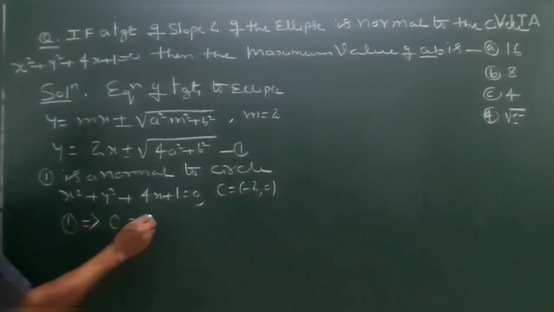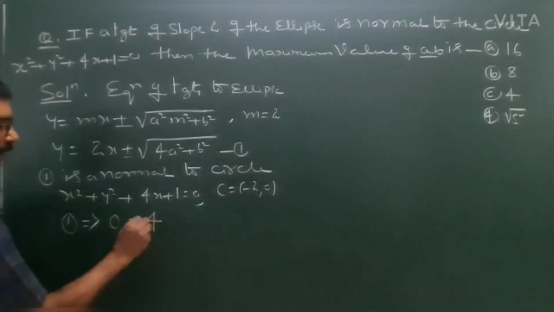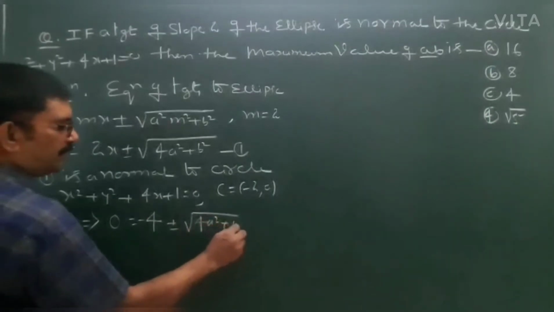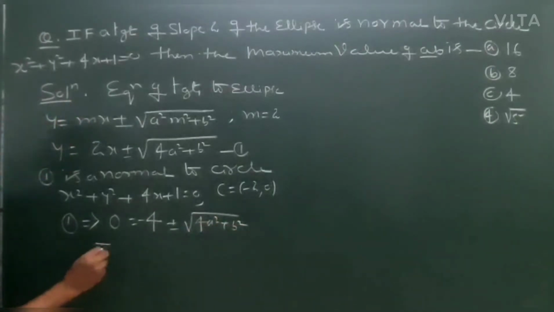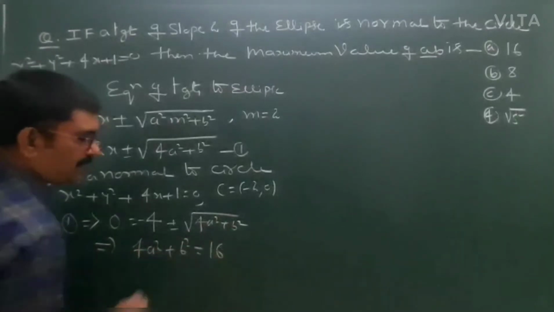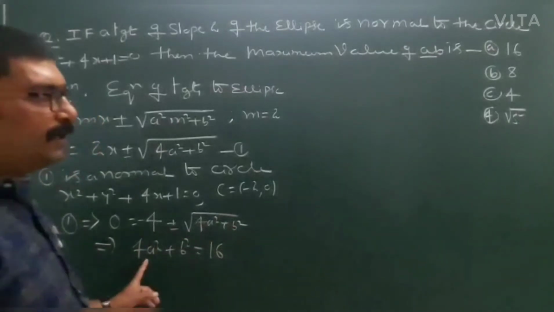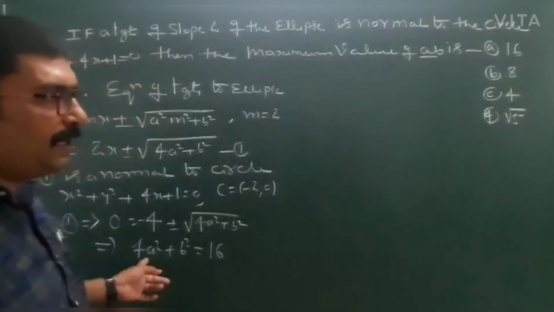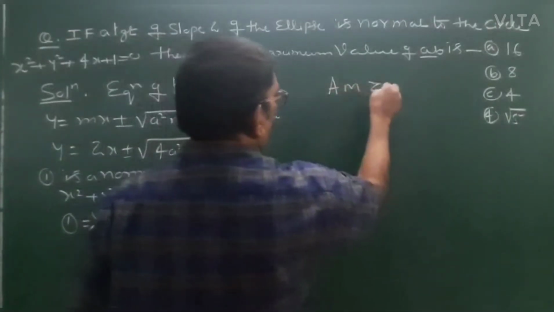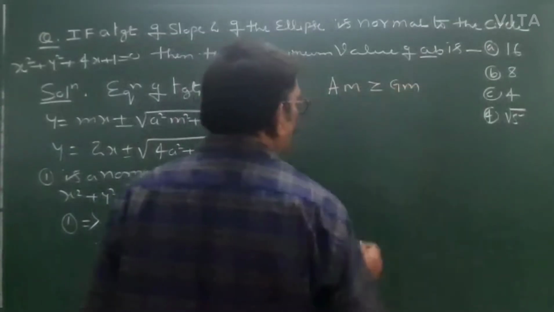Yes, 0 is equal to minus 4 plus or minus square root of 4a square plus b square, which implies 4a square plus b square is equal to 16. Taking 2a and b as positive quantities, I can apply AM is greater than or equal to GM.